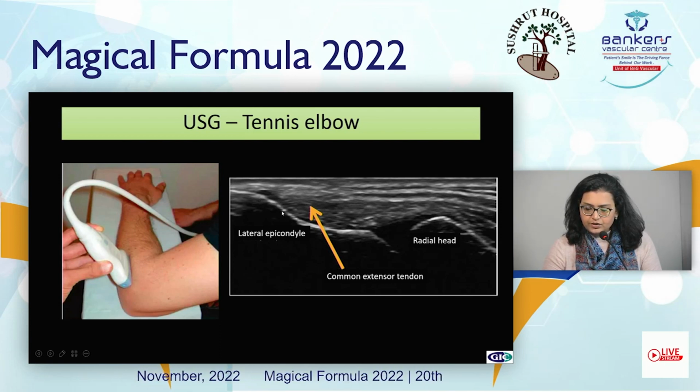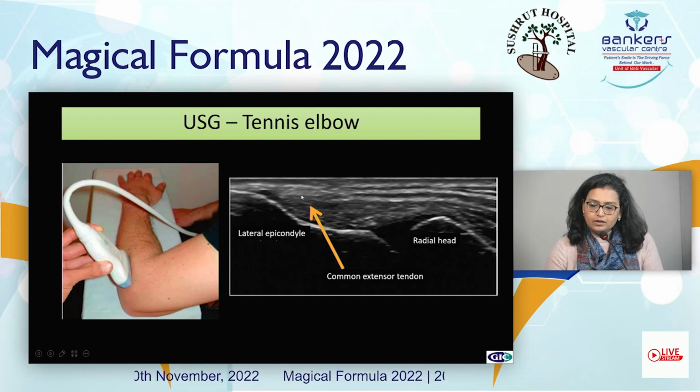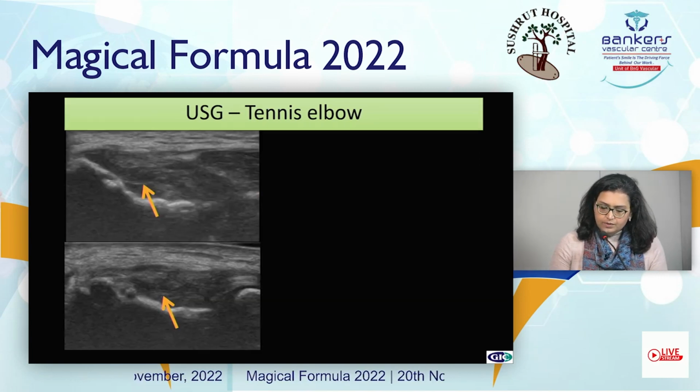This is the lateral epicondyle and its slope. This hyperechoic structure is the common extensor tendon. This is the radiocapitellar joint, and this is the radial head.